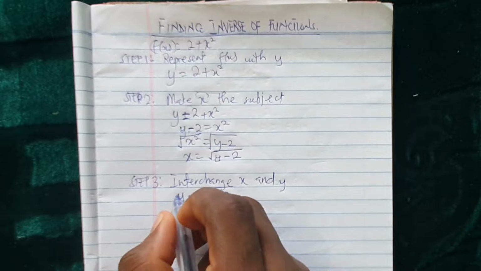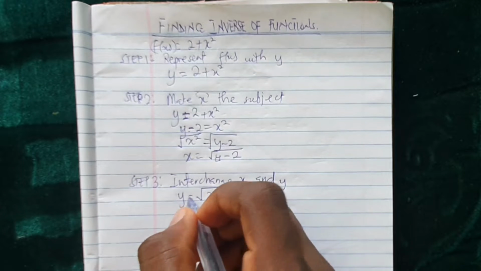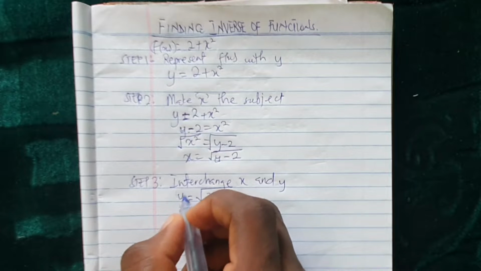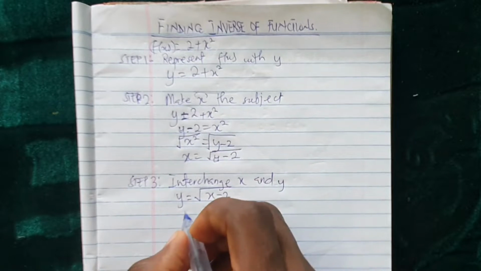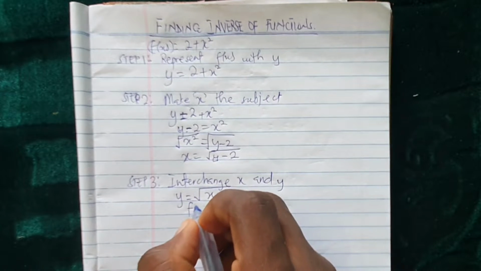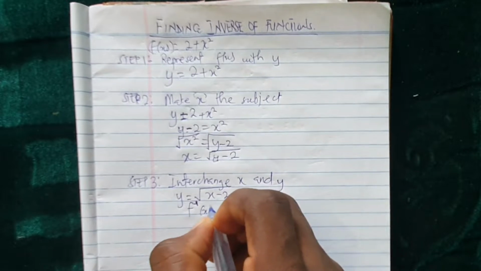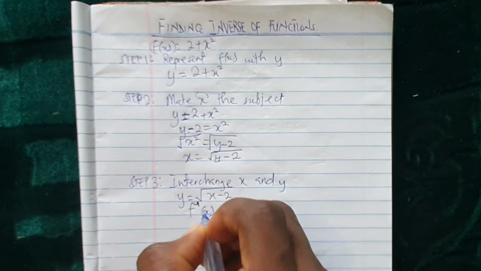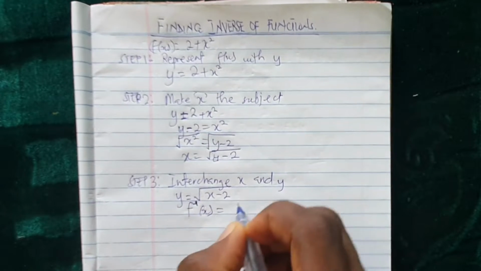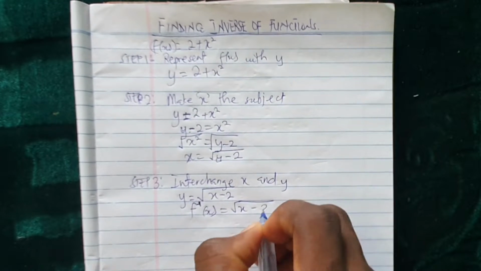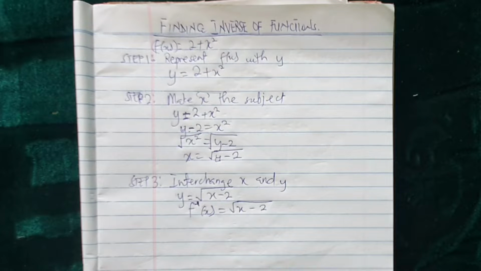Then this y we have right here will now be replaced with the inverse symbol. That's f raised to the power minus 1 of x equals the square root of x minus 2, and that will be our final answer.